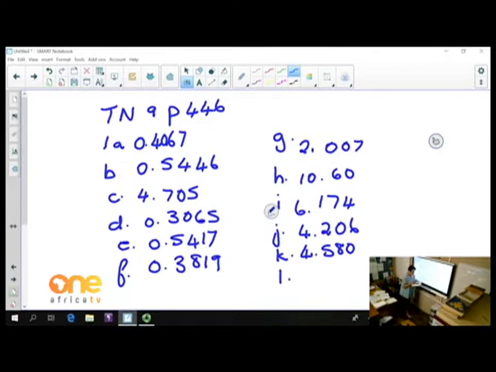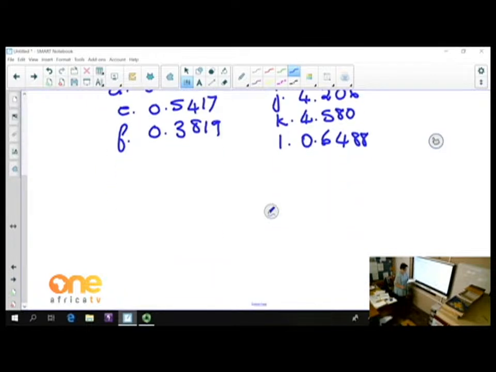The last one, number L, 3 times sine 22 is equal to, divide by tan 60 is equal to, and I got 0.6488. So that's now just doing it on the calculator. We need calculators to do this, and we're going to round off to 3 significant figures and angles to 1 decimal place. That is the general rule here.